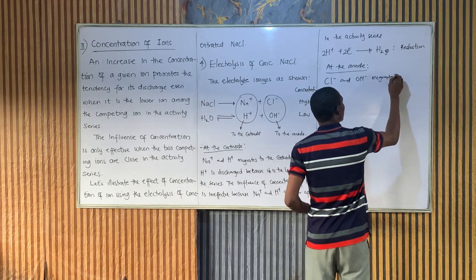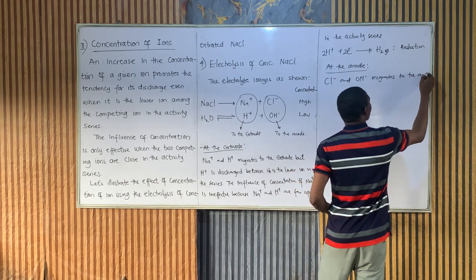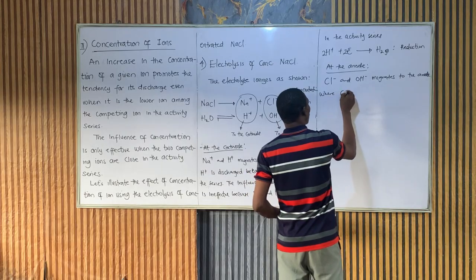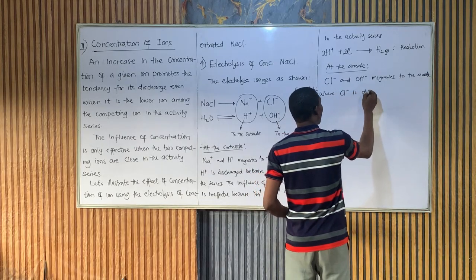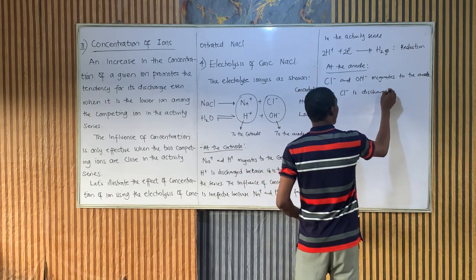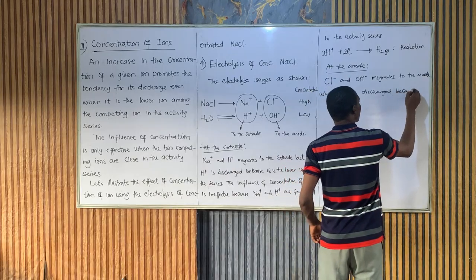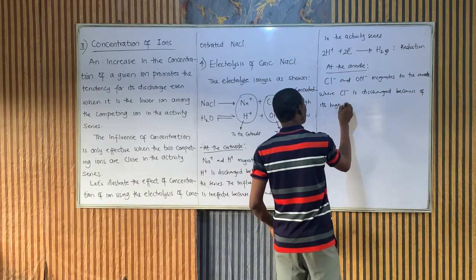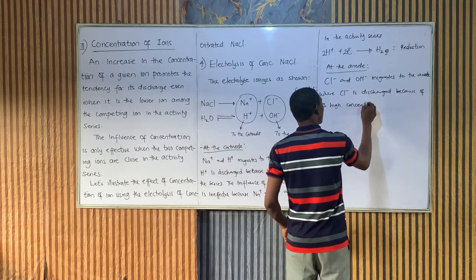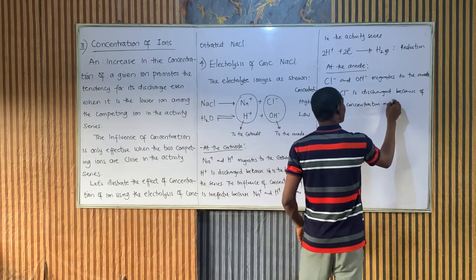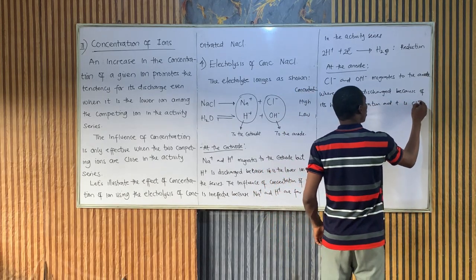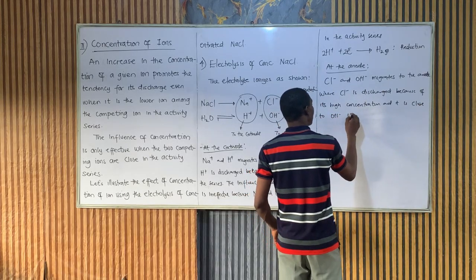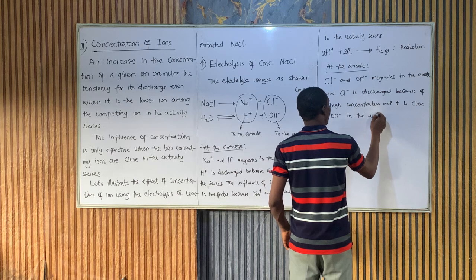Chloride migrates to the anode where chlorine is discharged because of its high concentration and it is close to OH in the activity series.